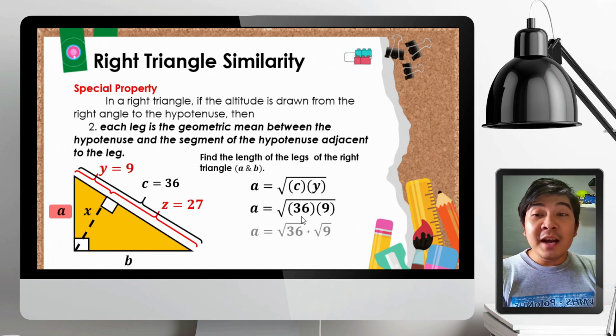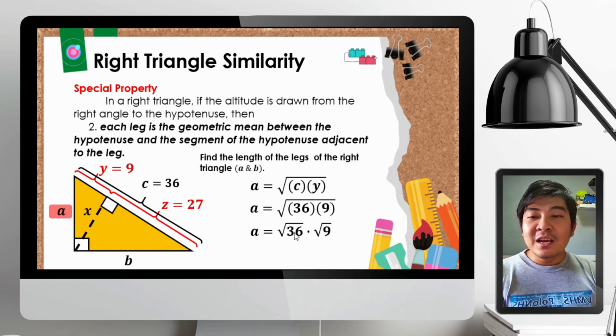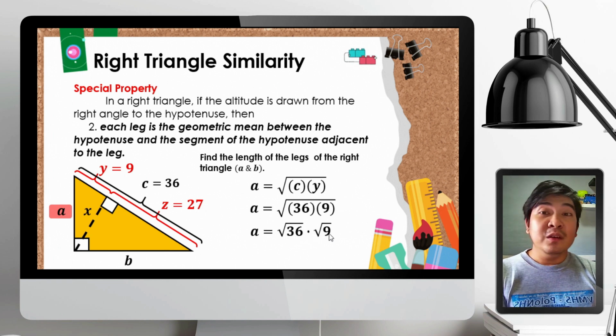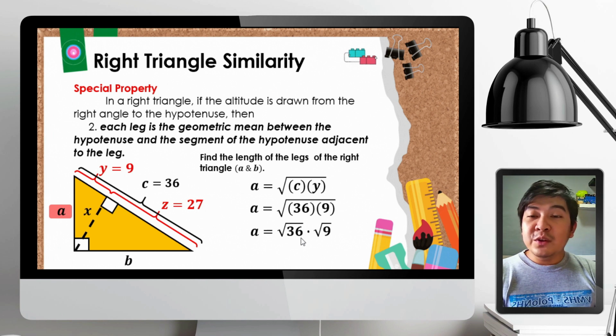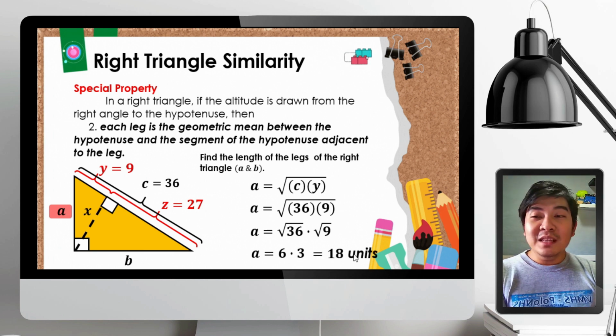Pwede natin silang pag-hiwalayin. So this is according to the product rule of radicals. So square root of 36 times square root of 9. We all know that square root of 36 is 6, and the square root of 9 is 3. That is why we have 6 times 3. 6 times 3 is 18 units. So therefore, the value of our A is 18 units.